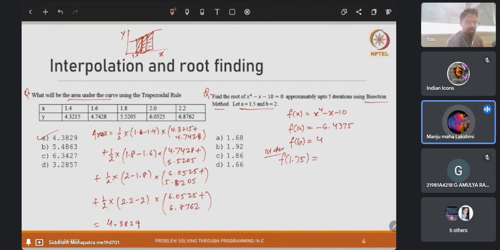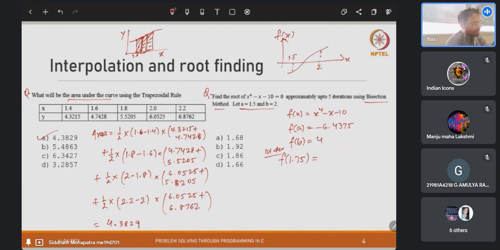How did you get 1.75? Actually, for the bisection method, you can go back and look at the previous tutorial session. If we have a function like this, where this is x and this is f(x), at the value of 2 we have a positive value, and at 1.5 we have a negative value, and there is a root somewhere in between.